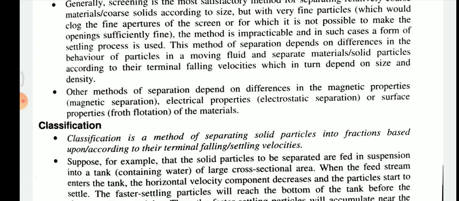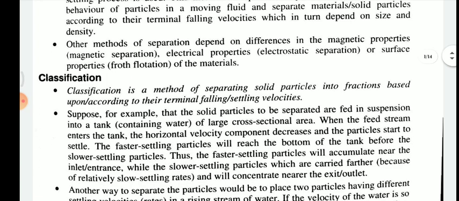So these are the newer methods and techniques for separating particles where the particle size is very small compared to size-reduction material. There are a number of methods available in this technique: magnetic separation, electric or electrostatic separation, and then surface property, which is basically froth flotation of the material.